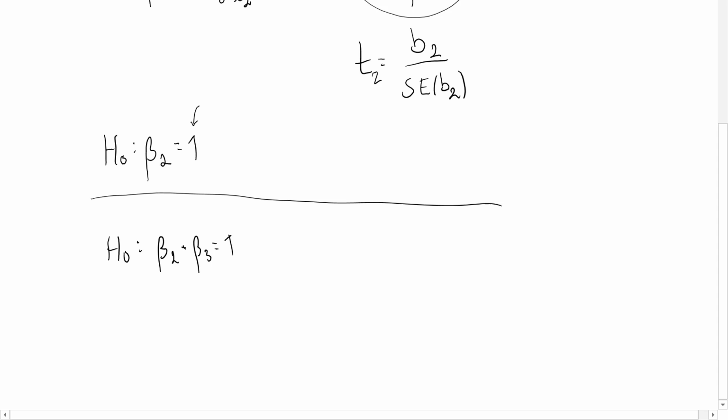For example, let's say you've estimated a Cobb-Douglas production function, then this test could be translated into the fact that the production function has constant returns to scale. But there are many other cases where you want to test a restriction that involves more than one of the parameters.